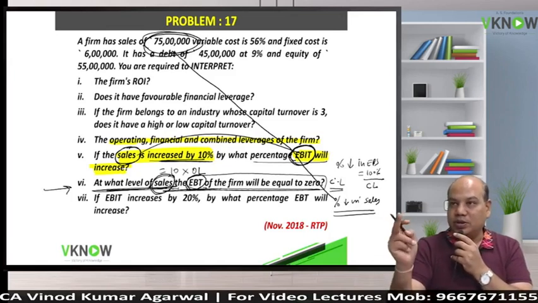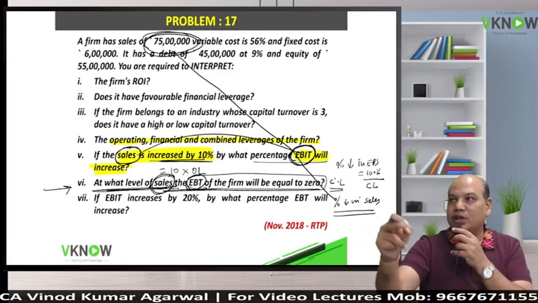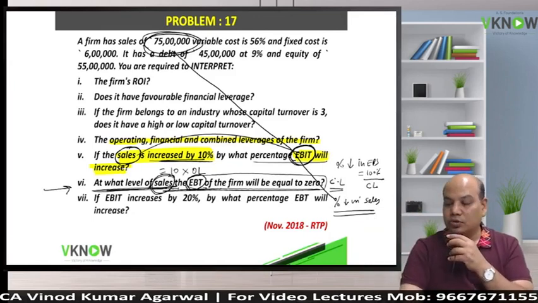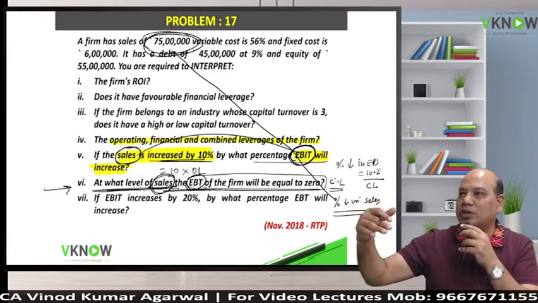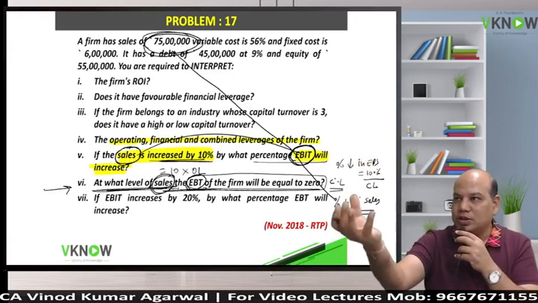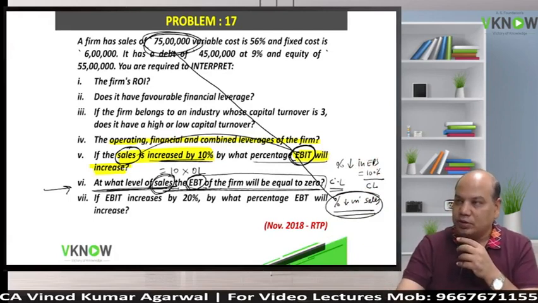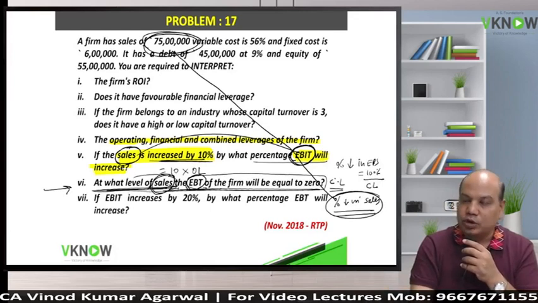Combined leverage measures by what percentage EPS will change if sales changes by 1%. So if I want to know by what percentage sales will change, you have to take change in EPS divided by combined leverage. This will give me percentage fall. Question is what level of sale?